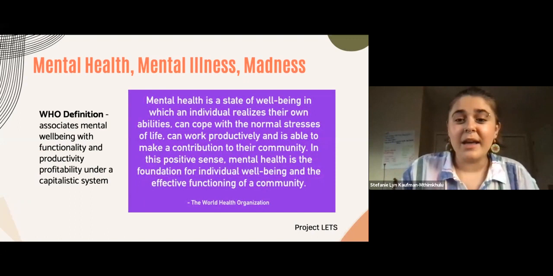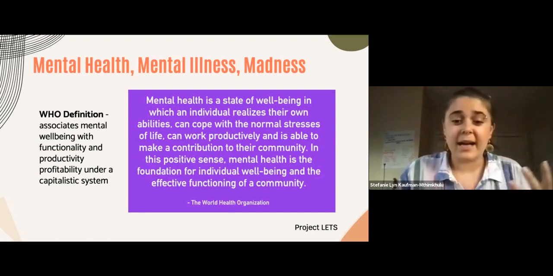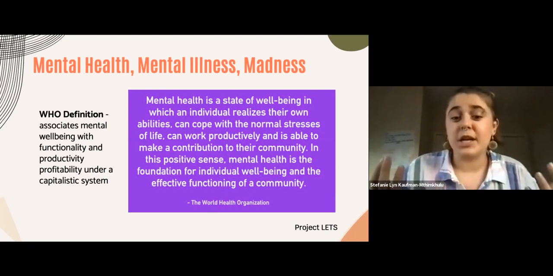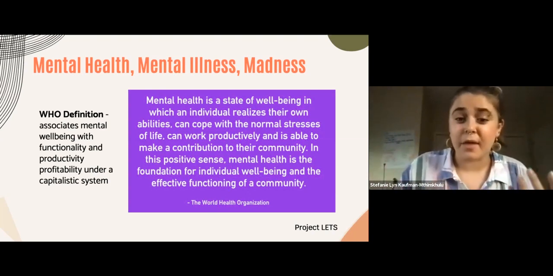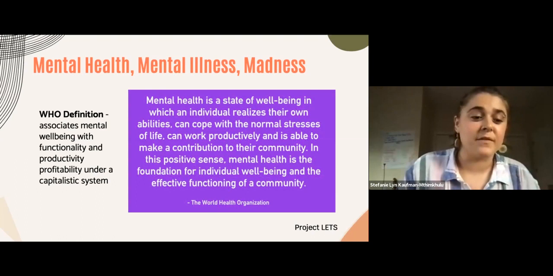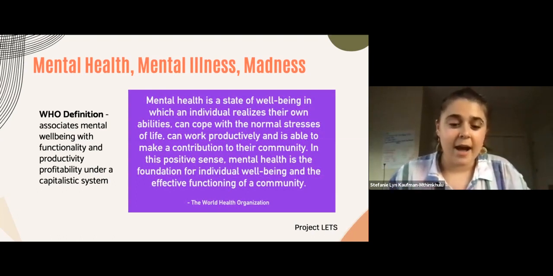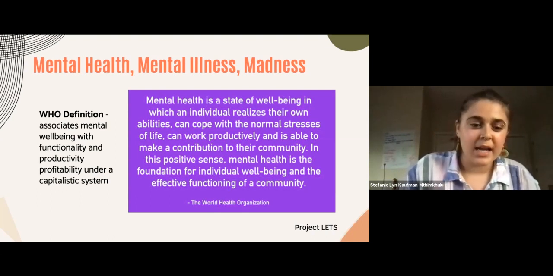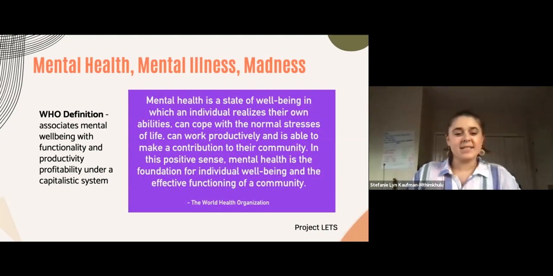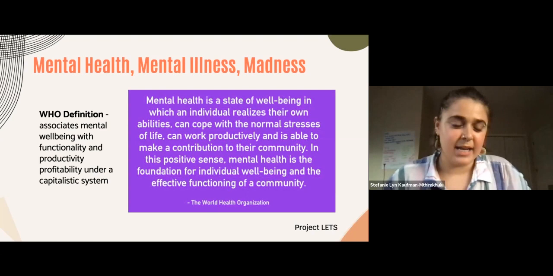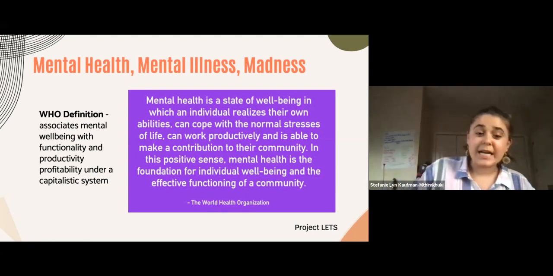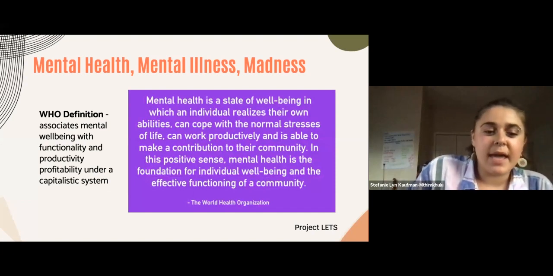And even with some things that we take totally for granted as something standard, like the definition of mental health that the World Health Organization gives. So that is on the screen, and it says mental health is a state of well-being in which an individual realizes their own abilities, can cope with the normal stresses of life, can work productively, and is able to make a contribution to their community.